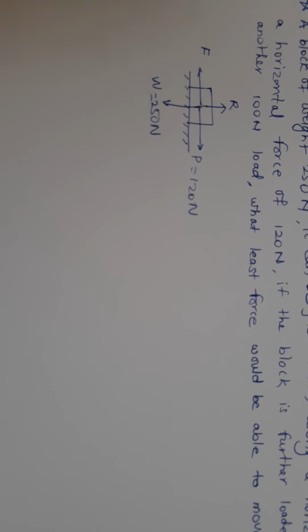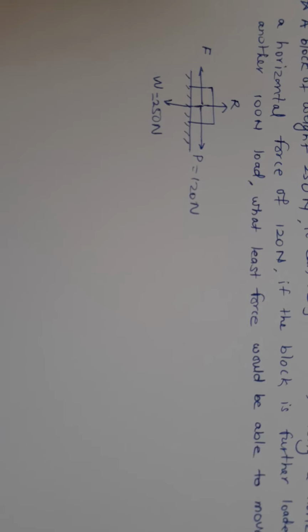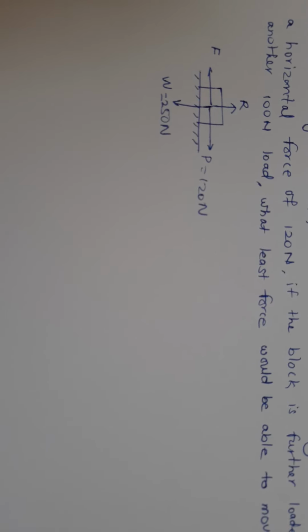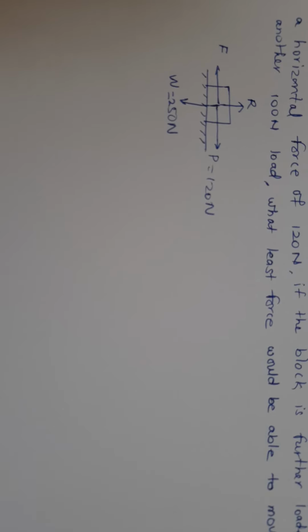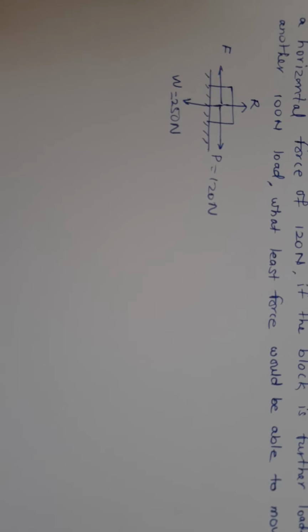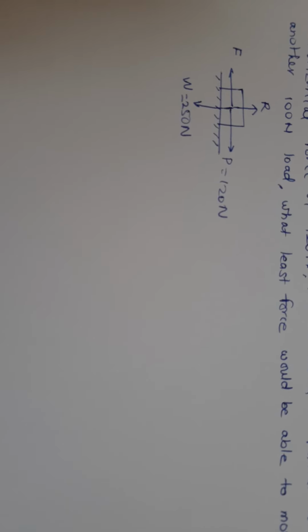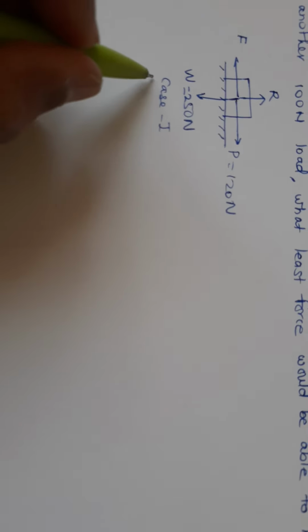In the second case we have to load this block by one more weight of 100 Newton and find the total force required to move the block again. So we will first find the coefficient of friction in case 1. This is the free body diagram for case 1.